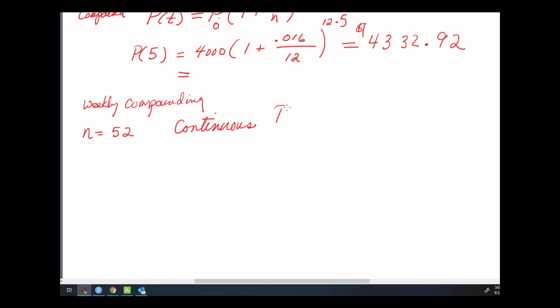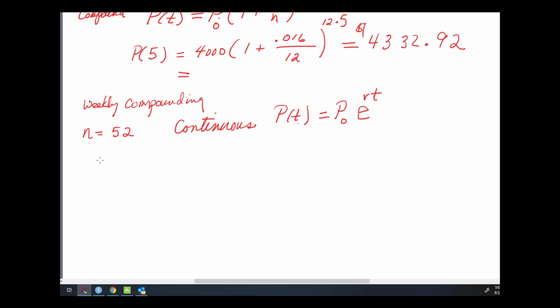And the formula for P of t, if we're doing continuous compounding, is P0 e to the RT, where P0 is the initial investment, R is the same as it was before, the simple annual interest rate, and T is the number of years, the independent variable.